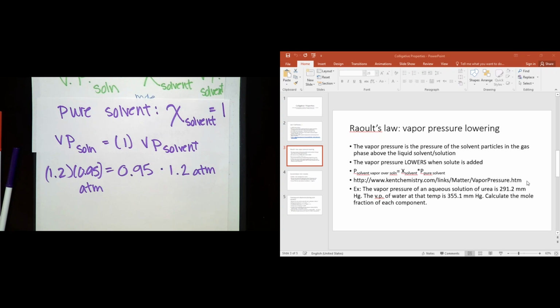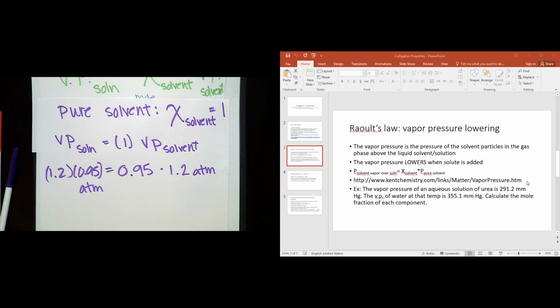All right, so the example in the slide is the vapor pressure of an aqueous, meaning water-based, solution of urea is 291.2 millimeters of mercury. The vapor pressure of water at that temperature is 355.1 millimeters mercury.